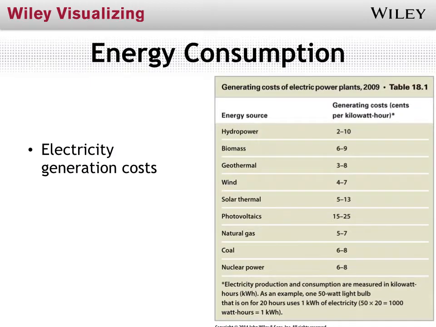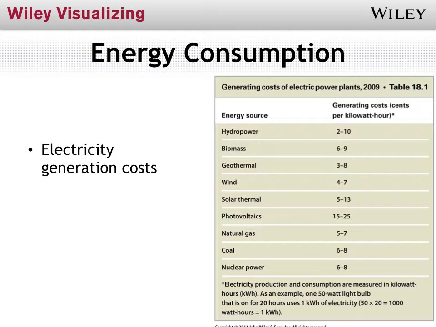One of the things that a lot of people still point to, of course, and this is the reason we haven't gone more heavily into some of the other technologies, is if you look at the cost of generating electricity using these different sources of energy, what's the most expensive on the list? Photovoltaics.